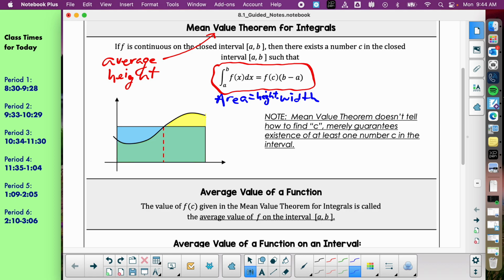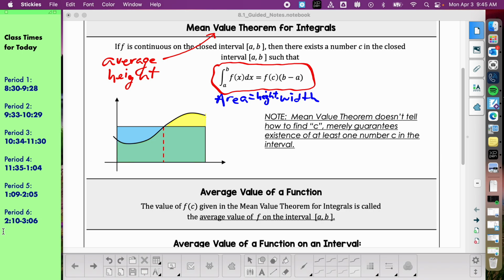So this formula basically says that the area is going to be the width times the height. And the height it's referencing is the average height. So your shape, whatever you have, your curve, you can think of as an absolutely distorted rectangle, where your rectangle would have nice sides and bottoms, but the height of your rectangle is kind of warped, right?